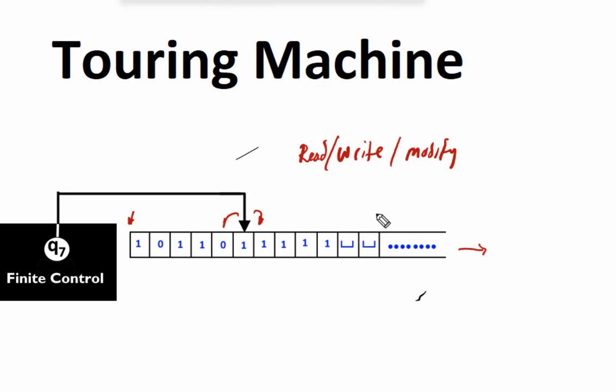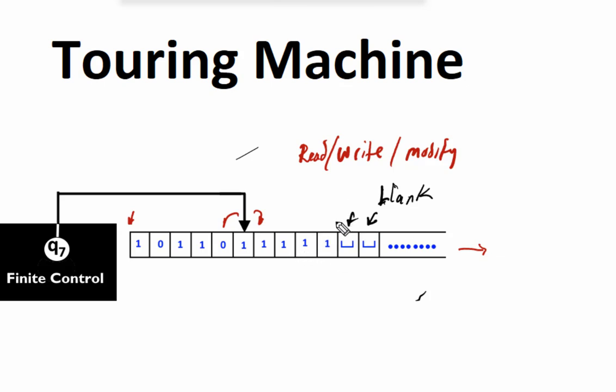These symbols you see at the end look like a square with three sides. They're called blank symbols, and they really tell us the end of the input.